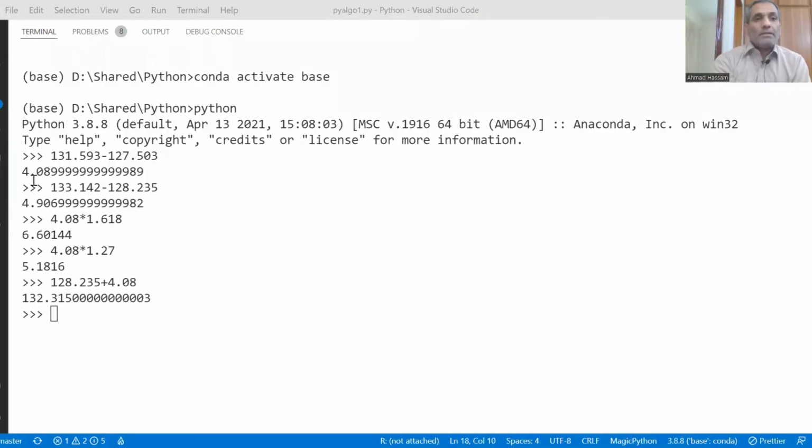See, this is the Python. B was 131.593, and A was 127.503. I've subtracted it, so it was a 400 pip move on the daily chart, Euro Yen. And D was 133.142, and C was 128.235. It was 4.9, meaning a 490 pip move.